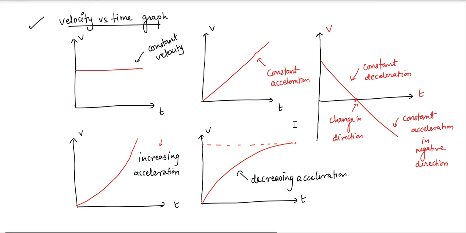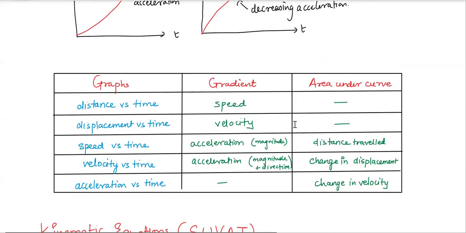Now, what we need to remember about the various kinds of graphs: if it is a distance versus time graph, we will get speed. If it is a displacement versus time graph, the gradient will give you velocity. If it is a speed versus time graph, the gradient can give you acceleration, but the magnitude of it only, and the area under the curve will give you the distance traveled by the object.